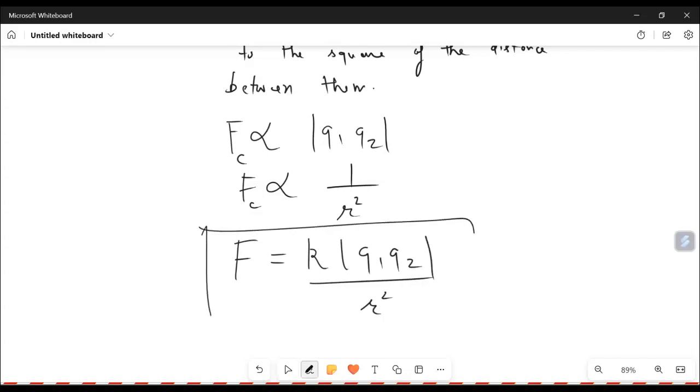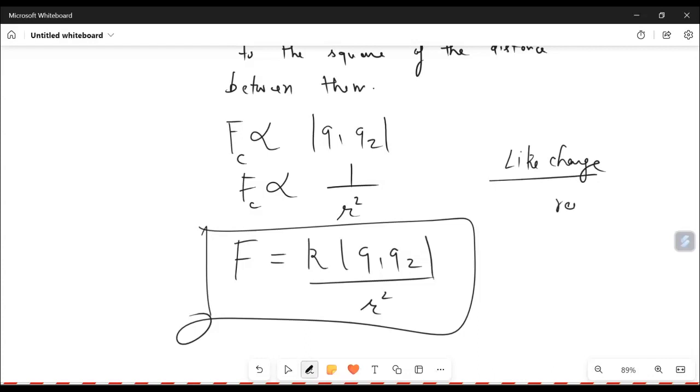Okay. If two like charges are there, the Coulomb force will be repulsive. Like charges repel each other basically. So Coulomb's law, according to that, and unlike charges attract each other.